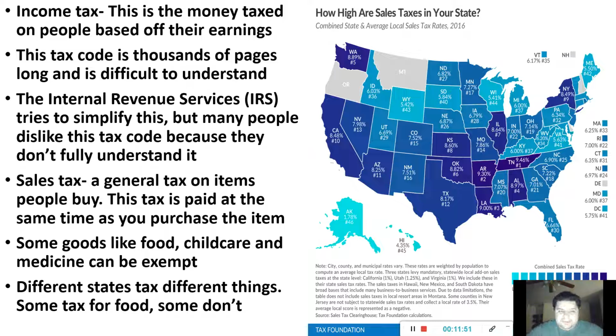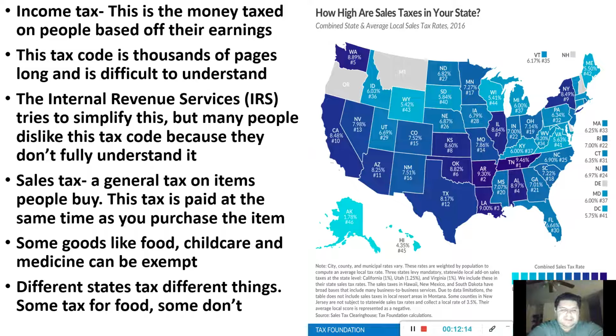Now, sales tax. A lot of you guys, if you buy something at a store, you'll see on the receipt it says sales tax. I believe our state is like 8 point something, 8.75, or it might be a little bit higher now, might be like 8.8. But this is the general tax on items and things we buy.